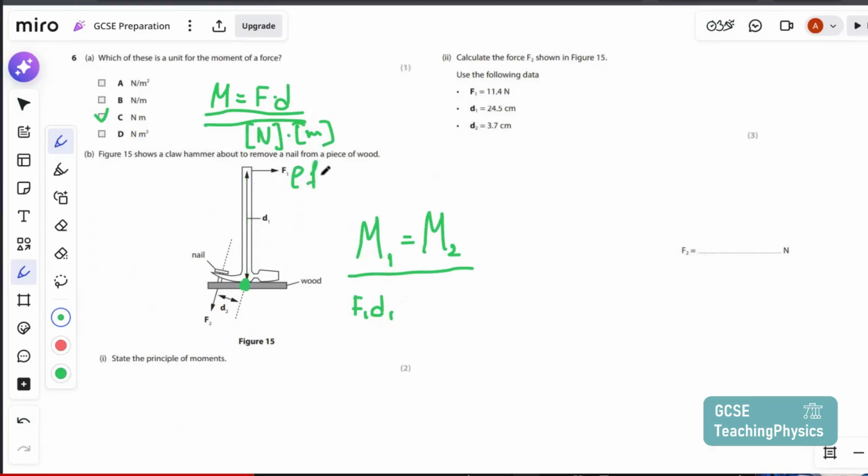Here is where we apply our arm, our hand, to move this hammer and get a nail out of the hole. This equals F2 times D2, the second moment.